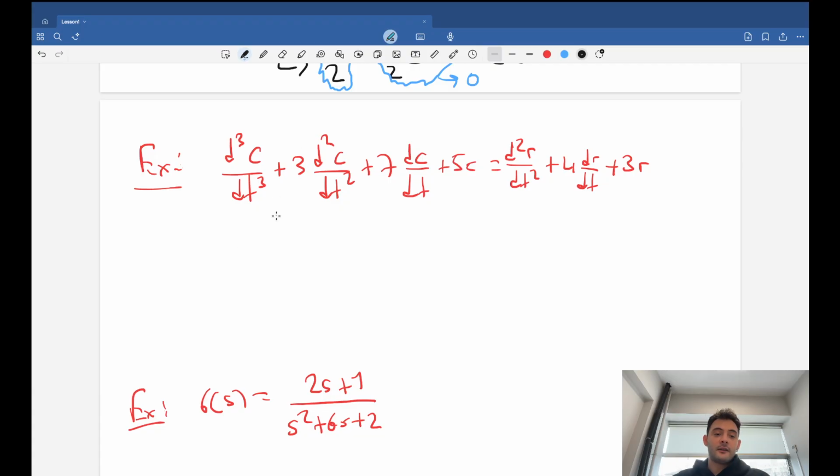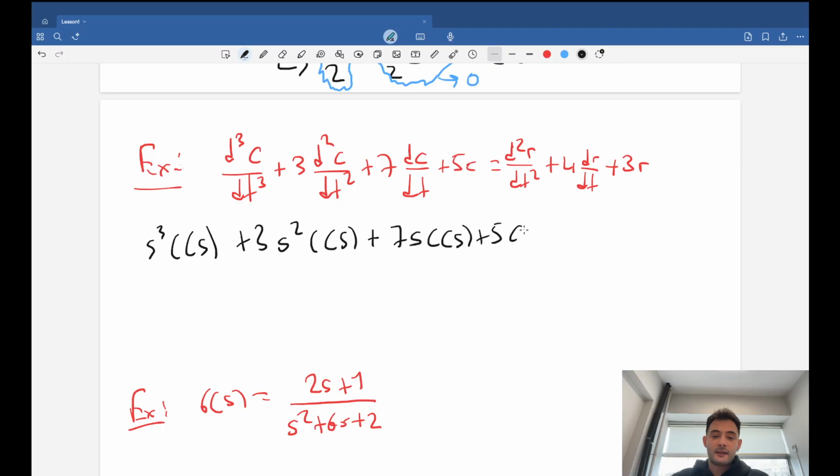So let's write down, if there is a third derivative, just write s cubed C(s) plus 2 s squared C(s) plus 7 s C(s) plus 5 C(s) equals, second derivative, s squared R(s) plus 4s R(s) plus 3 R(s).